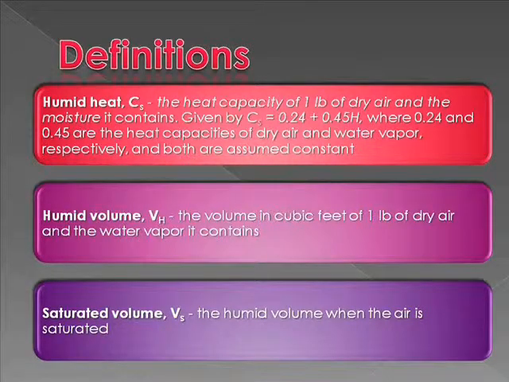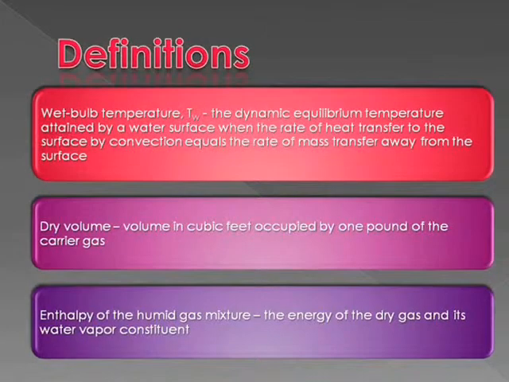Next, humid volume or V sub H. This is the volume in cubic feet of 1 pound of dry air and the vapor it contains. Next, saturated volume or V sub S. This is the humid volume when the air is saturated. Wet bulb temperature, TW.